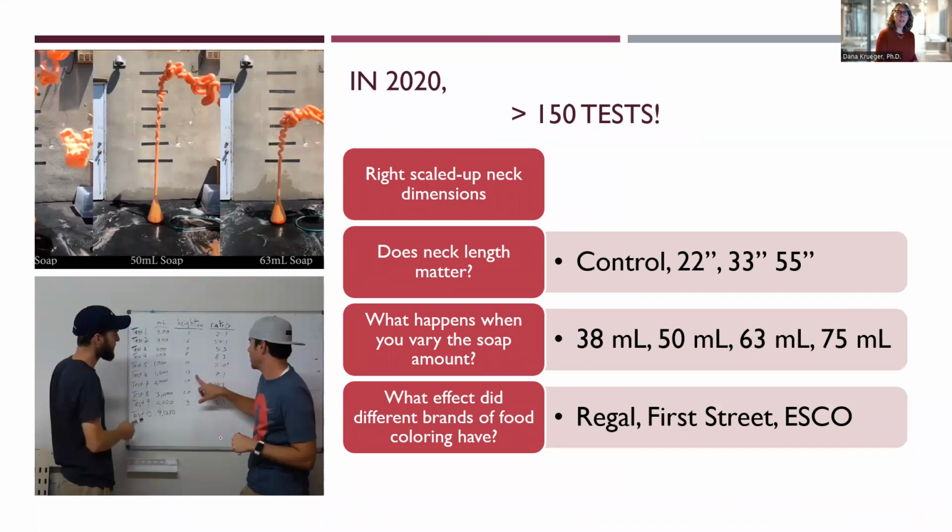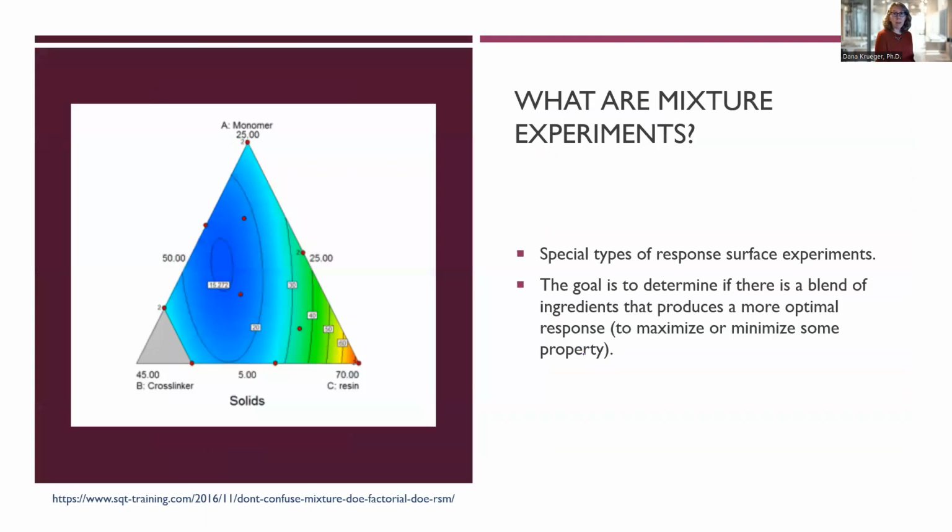But what happens when you vary the soap? When you're varying the soap, these amounts, that impacts the rest of the mixture. So as you increase the proportion of soap, proportions of other ingredients in the mixture are going to be decreased because they all have to add up to 100%.